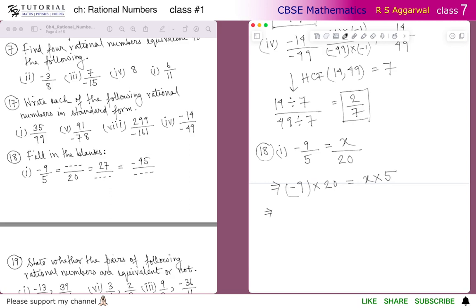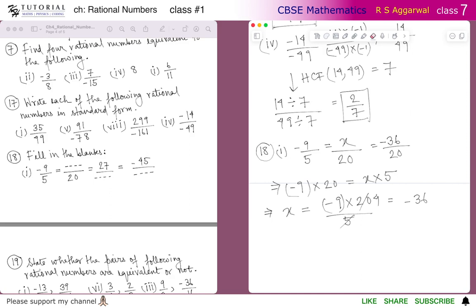From here we can find x. x is minus 9 into 20 divided by 5, and this is minus 36. Therefore, x is minus 36, so minus 9 by 5 equals minus 36 by 20. The first blank will be minus 36. Sorry, minus 36. Okay.